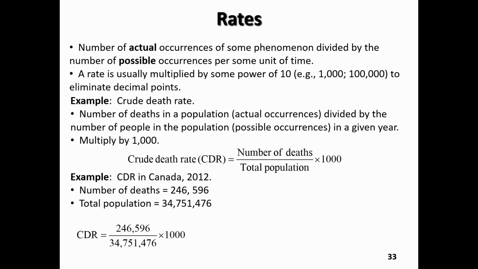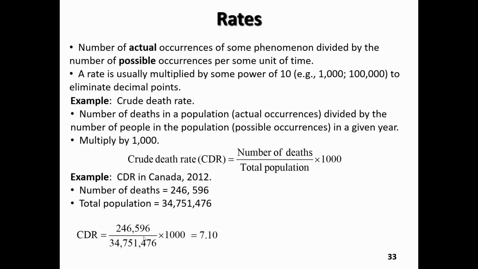And so to calculate the crude death rate, we would just simply substitute the relevant data into the equations and multiply by 1,000. And when we carry out these calculations, we come up with a value of 7.10.